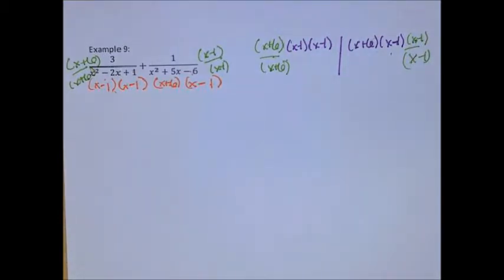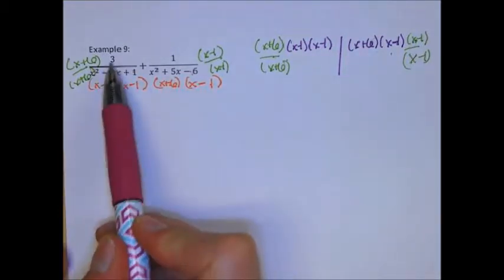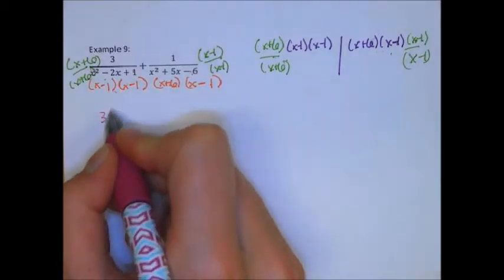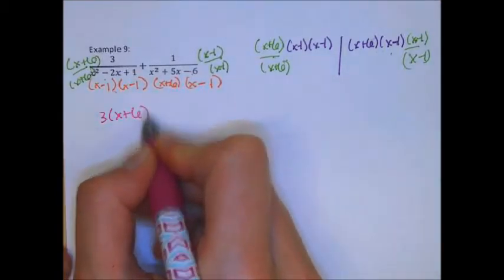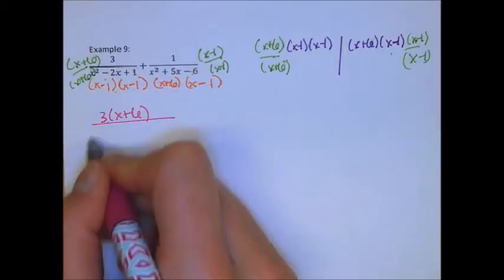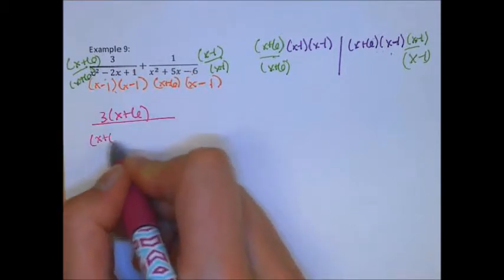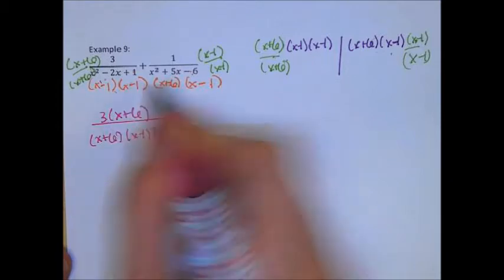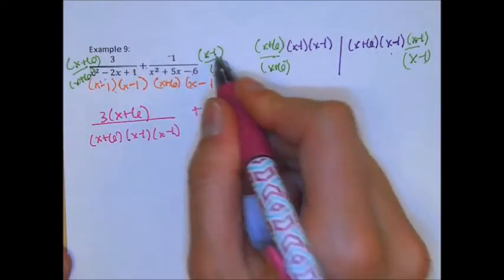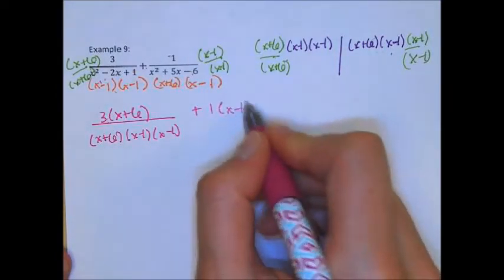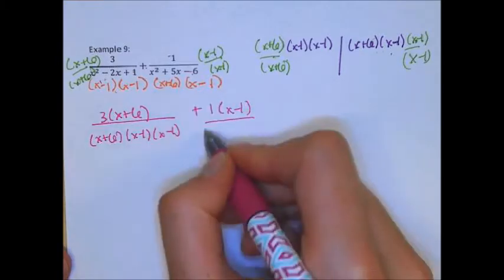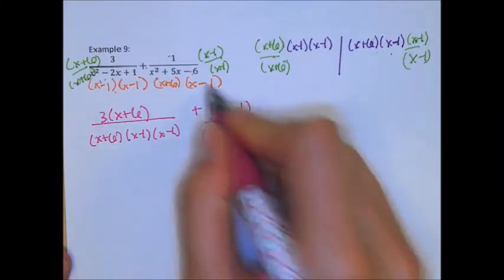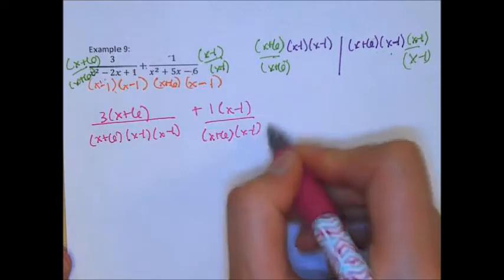All right. So we're going to have 3 times x plus 6. And what's our denominator? Our denominator is x plus 6, x minus 1, x minus 1, plus 1 times x minus 1 over what's our denominator? x plus 6, x minus 1, x minus 1.